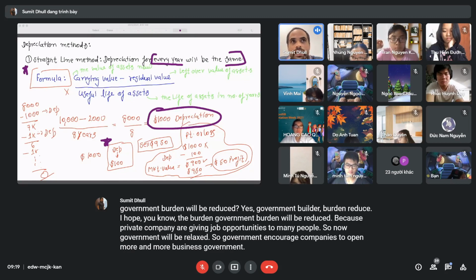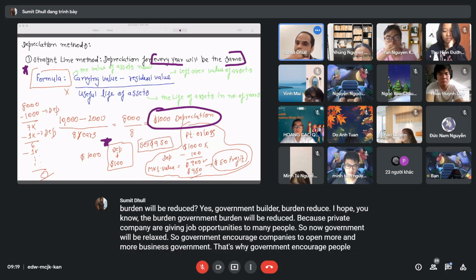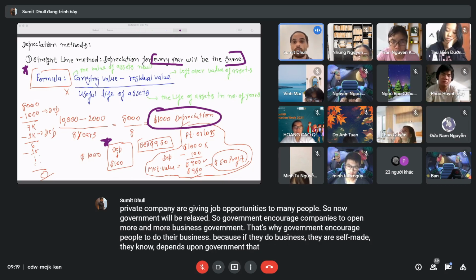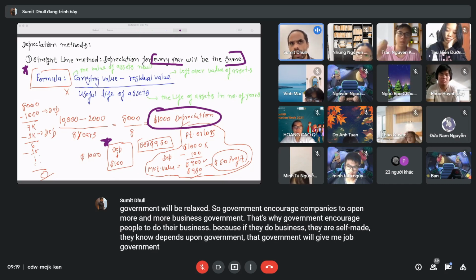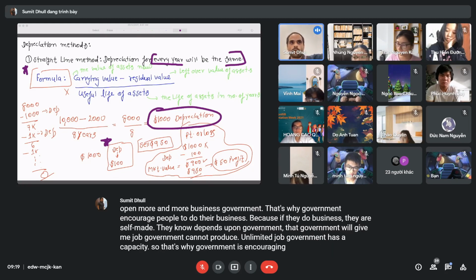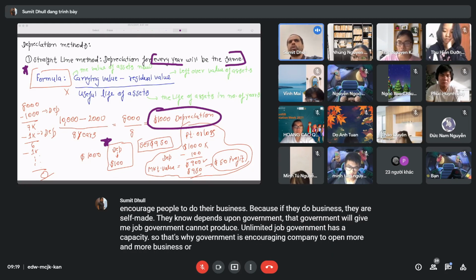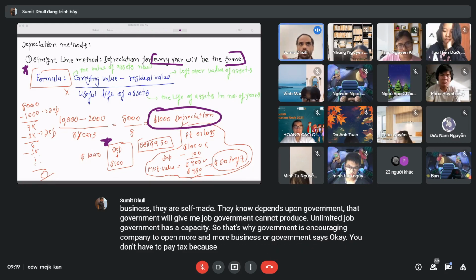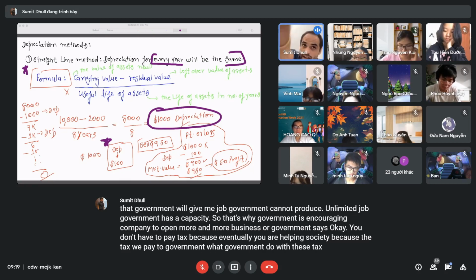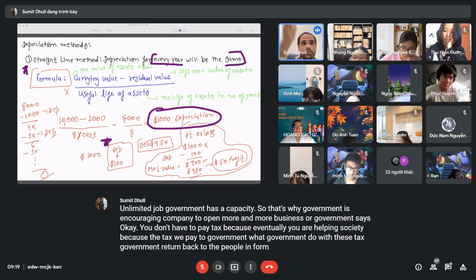That's why the government encourages people to do their own business, because if they do business, they are self-made. They do not depend on the government to give them a job. The government cannot produce unlimited jobs. The government has a capacity. So the government says, okay, you don't have to pay tax, because eventually you are helping society. The tax we pay to the government, what does the government do with it? The government returns it to the people in the form of jobs and other things.